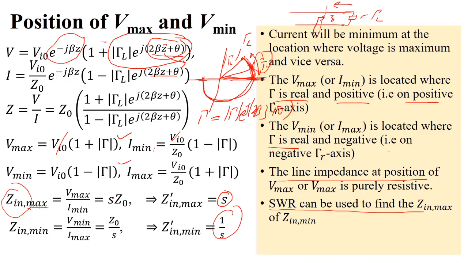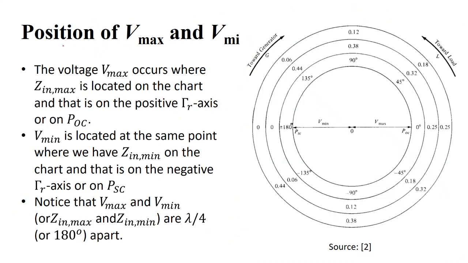So you can use the Smith chart to find the location of V max and V minimum. So here it is given in the chart. This is the gamma plane. This is the real axis. On this location, you will get the V maximum.